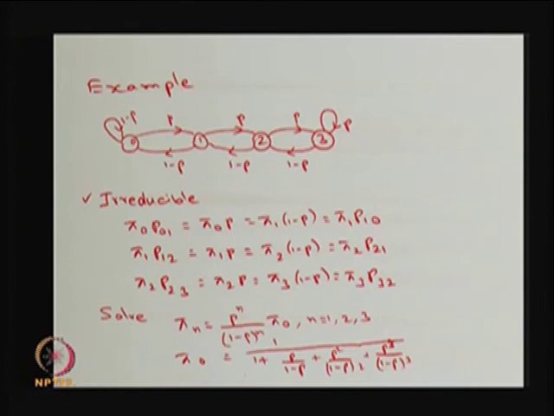From that you can get pi naught is equal to 1 divided by 1 plus p divided by 1 minus p plus p square by (1 minus p) whole square plus p cube by (1 minus p) whole power 3. So, this is going to be the pi naught. Substitute pi naught in this pi n, therefore, you get the pi n also.